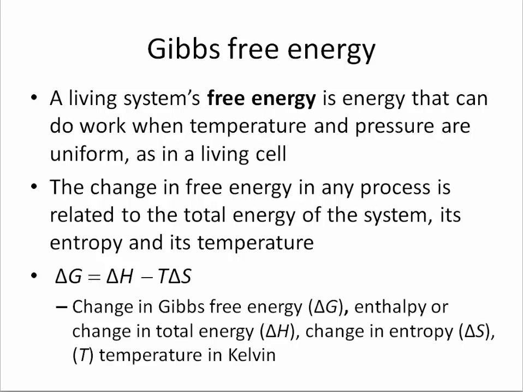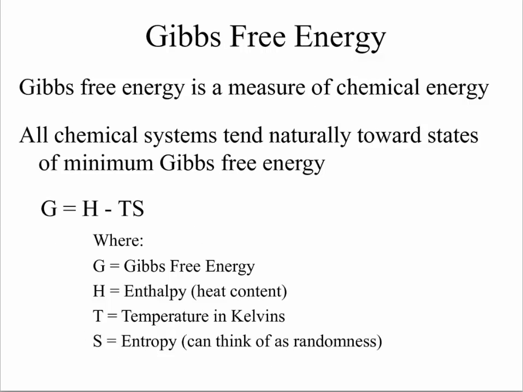Delta G, which is the change in Gibbs free energy, is equal to delta H, which is the change in total energy, minus T, which is temperature in Kelvin, times delta S, which is the change in entropy. So that is just putting in mathematical words, depictions, symbols, what I just said in words.